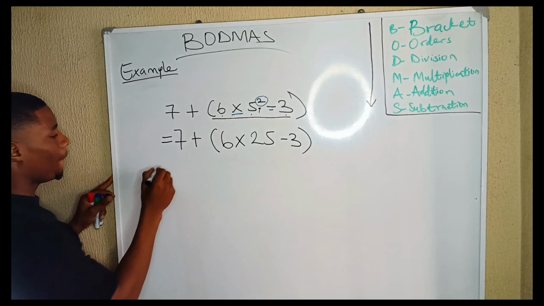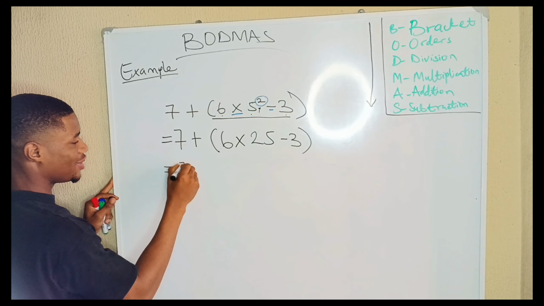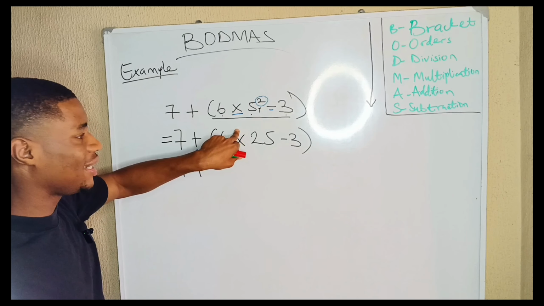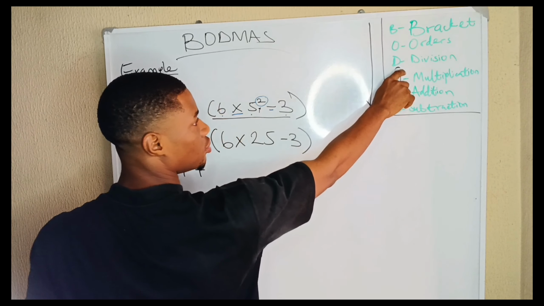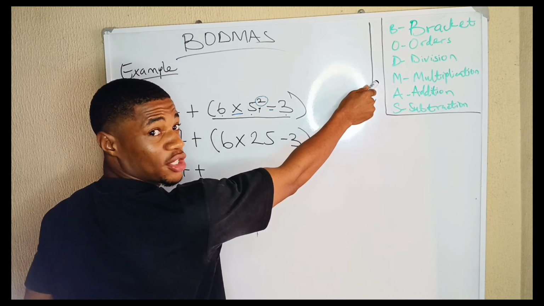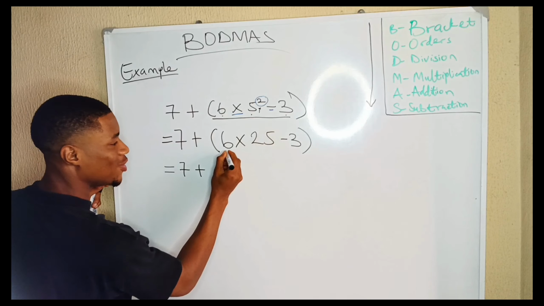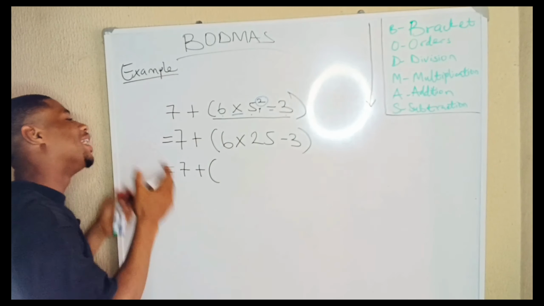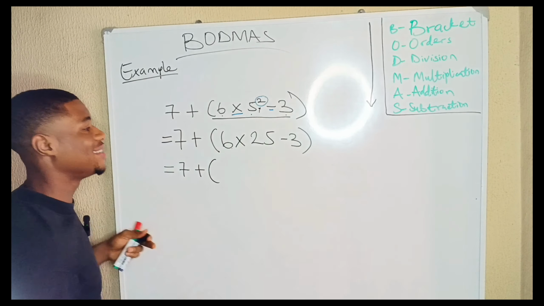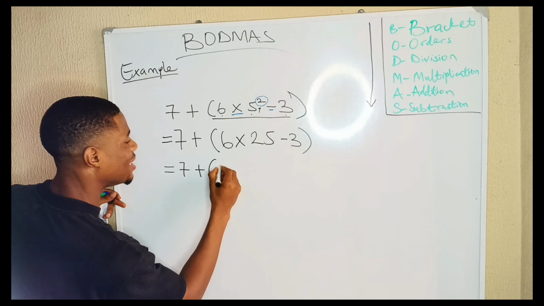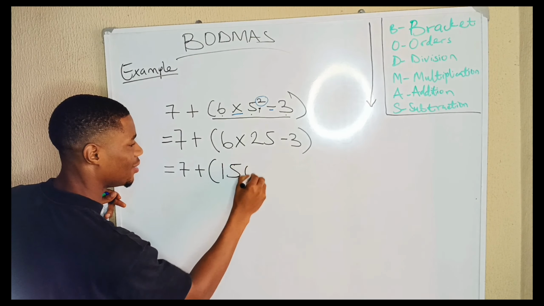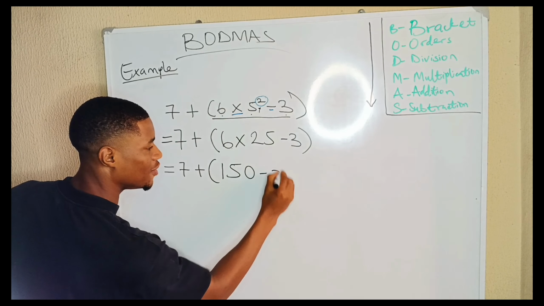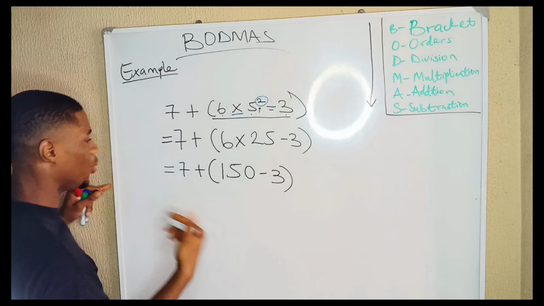Now, this is equivalent to 7 plus, there's no division, there's multiplication. So we have 6 times 25. And what is 25 times 6? 25 times 6 is 150. Beautiful. Now, if we subtract 3 from 150, what then do we get?